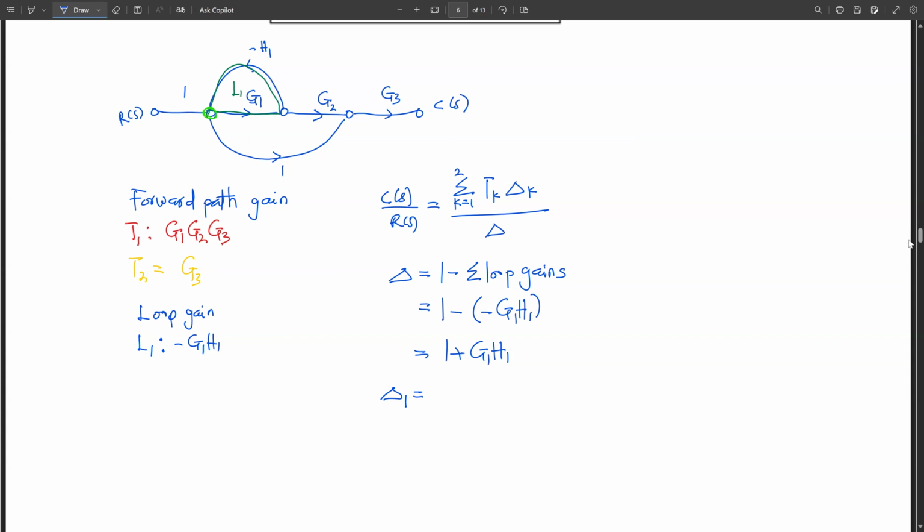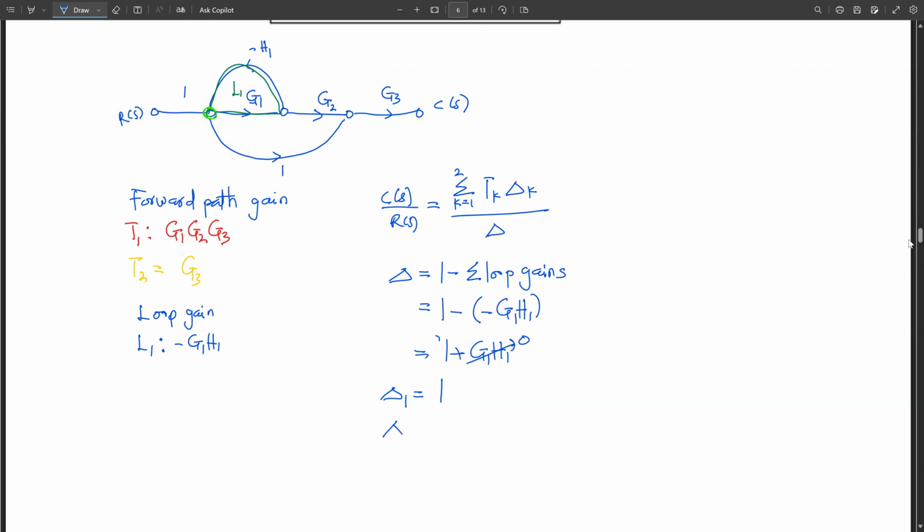So we just take it out from this side, right? So if we take this loop, and this path from here to this side, the first path. Since there's only one loop, we can see that that loop has common nodes with it. So we take that loop out from this side, right? So we cancel this out. And then we are left with what? 1.